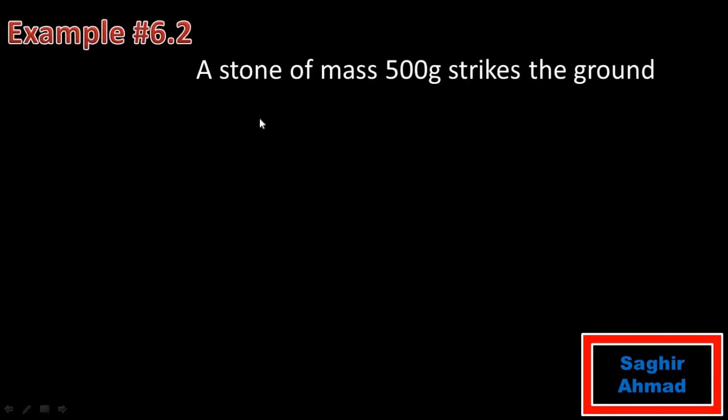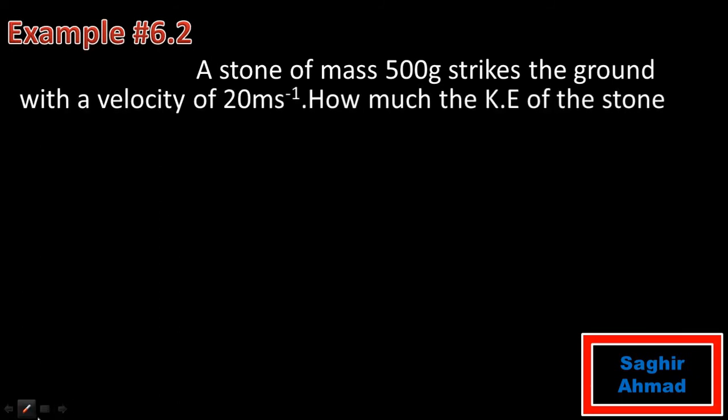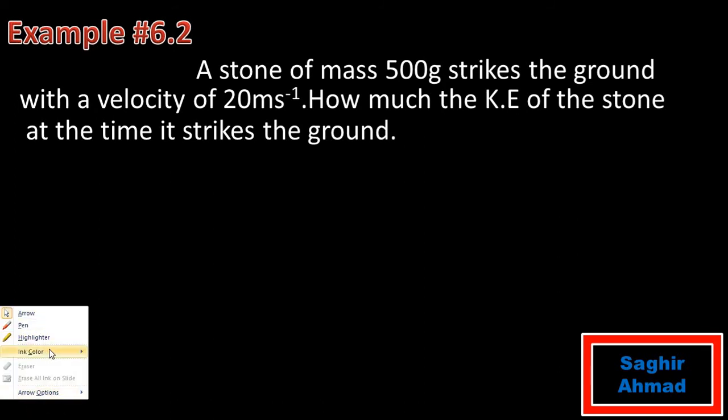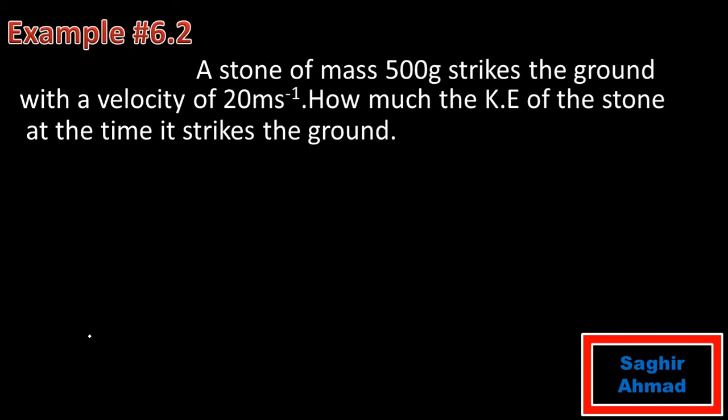Now example 6.2 is: a stone of mass 500 grams strikes the ground with a velocity of 20 meter per second. What is the kinetic energy of the stone at the time it strikes the ground? So first of all we write the given data.